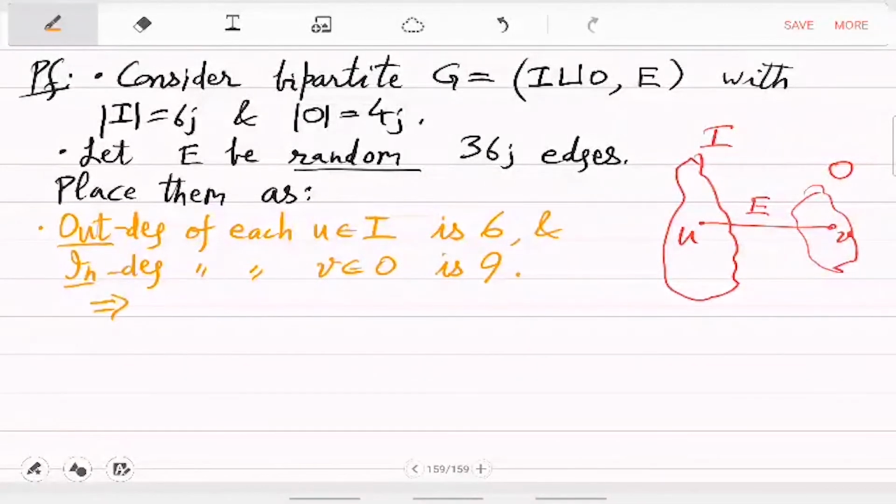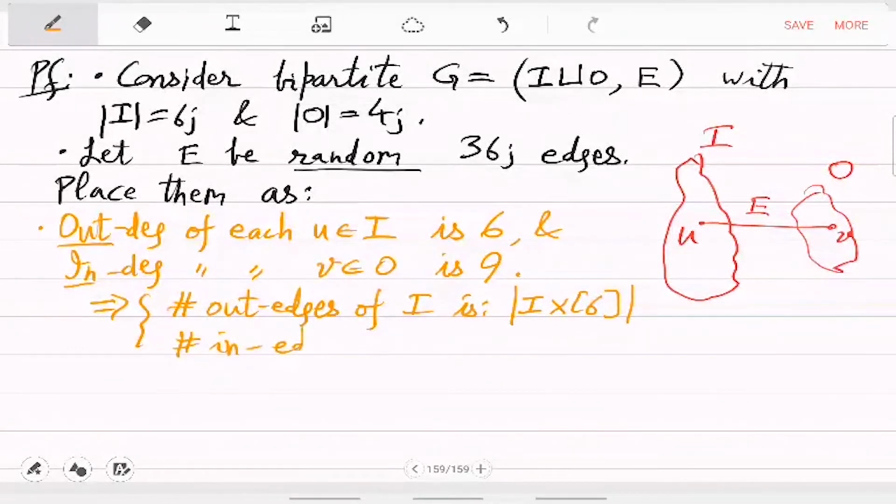If you look at the edges, the number of out edges of I is |I| times 6, and the number of in edges of O is 9 times |O|, and both of these, as you can see, are 36j.